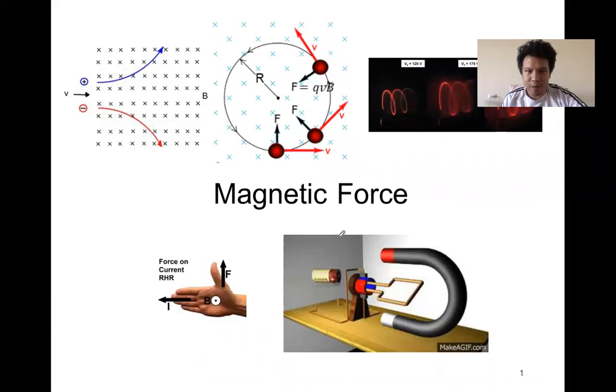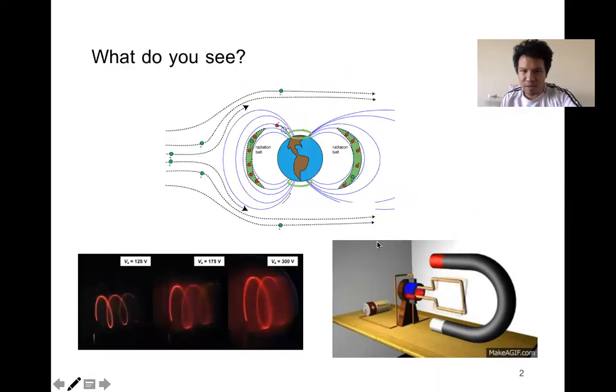in the second part. For the first part, magnetic force that is caused by the magnetic field, what we see from this slide is, let's say, it is the Earth and it is magnetic. The Earth's magnetic field is causing interactions and causing force on the particles from the sun, so that it protects the Earth from the particles from the sun.